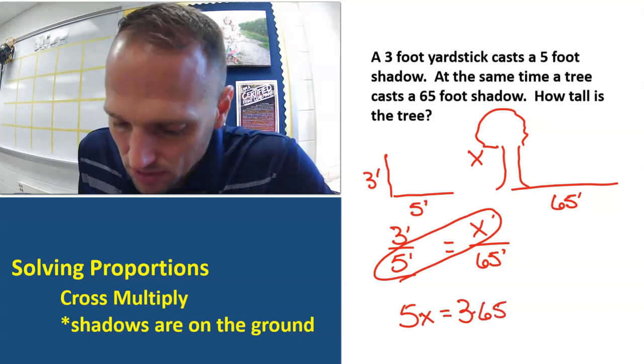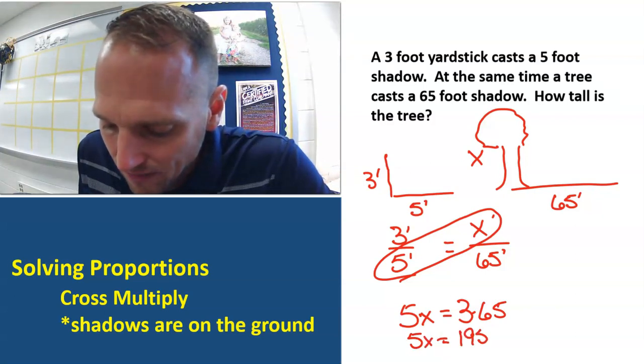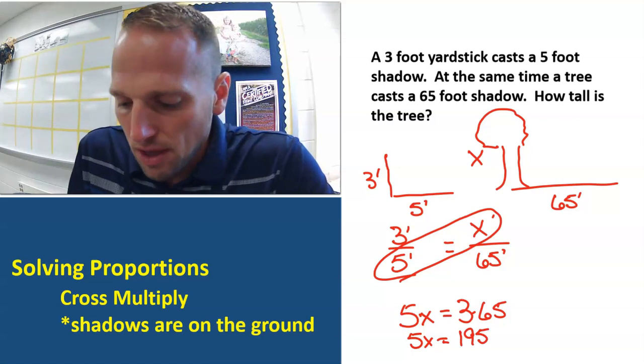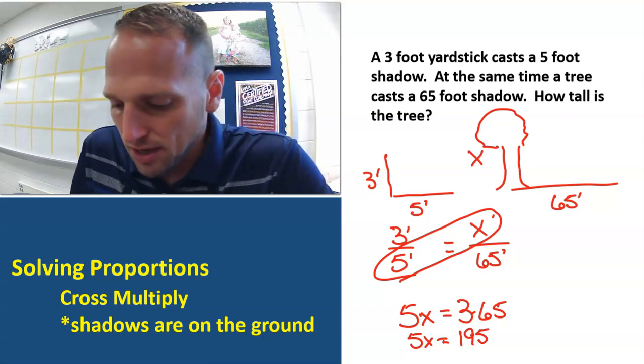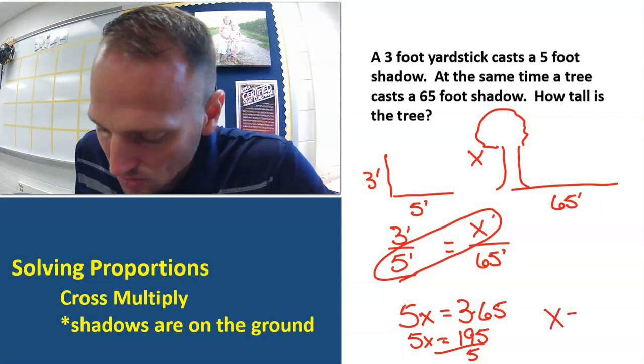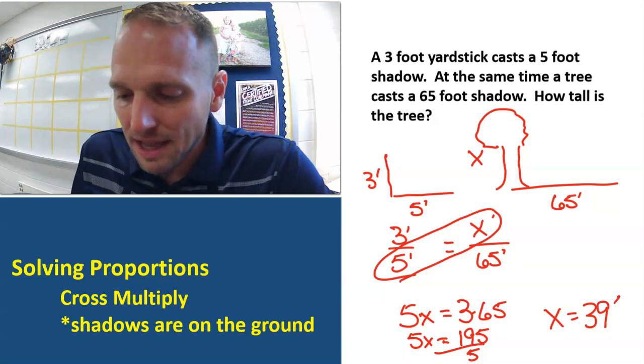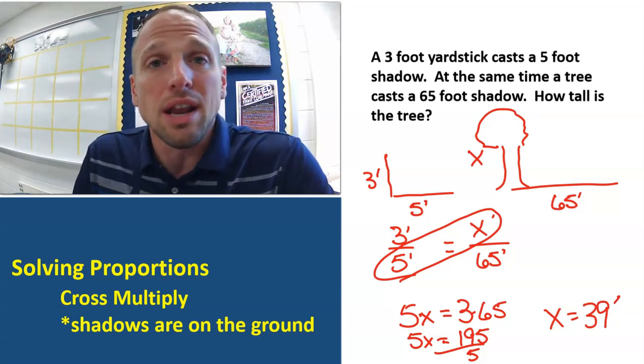So this is going to be 5x equals 195. And let's just divide the 5 over, and x is going to be equal to, what's this going to be? 39, it looks like. X is 39. So what that means is that tree is going to be 39 feet tall.